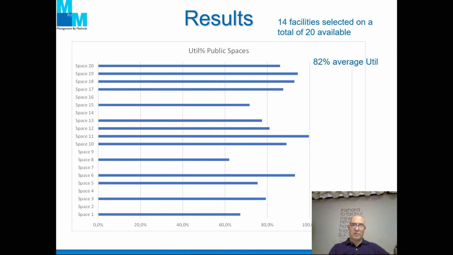Okay, so these are the results. We see that the system has selected 14 facilities out of a total of 20 available, and the average utilization for each facility is above 80%, so it's pretty high.